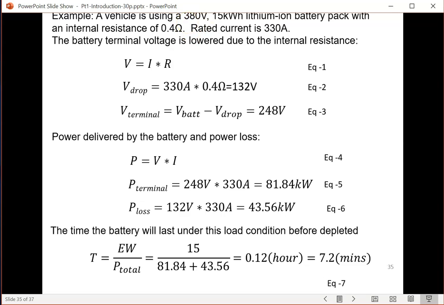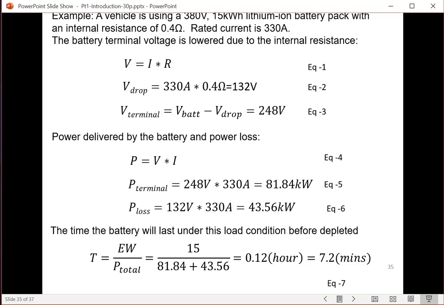Now note this number here. On electric vehicles or hybrid electric vehicles, to drive the motor, the battery tends to have a high voltage output, at least in the hundreds. Whereas in a conventional internal combustion engine car, the battery is only 12 volts, because we don't need a battery to drive the motors.